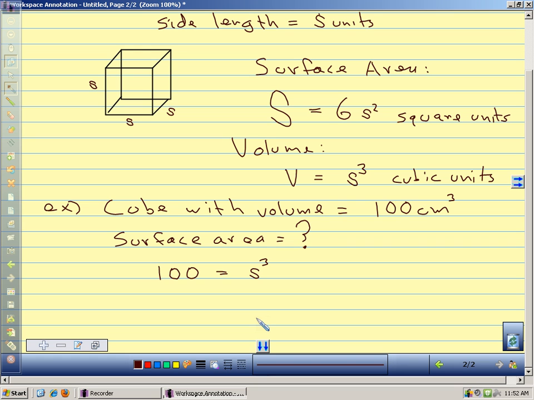How do we undo a cube? How do we undo a square? Square root. So when we have a cube, we have to use the cube root. Now on your calculator, it depends on what kind of calculator you have.